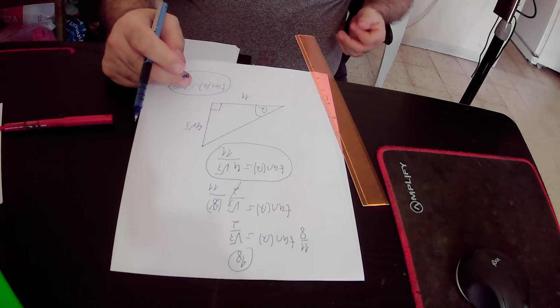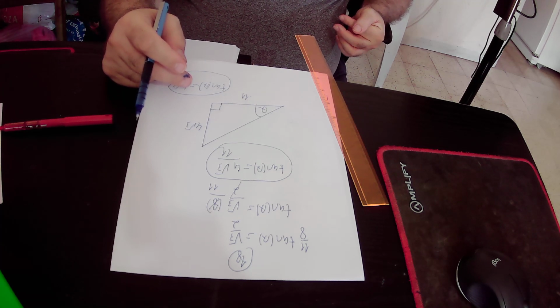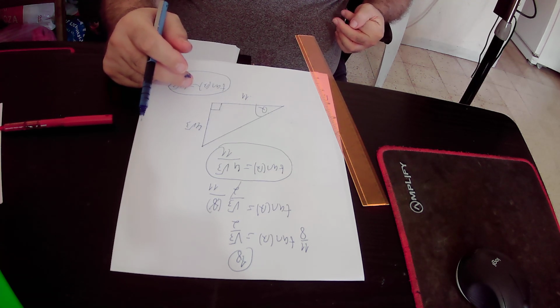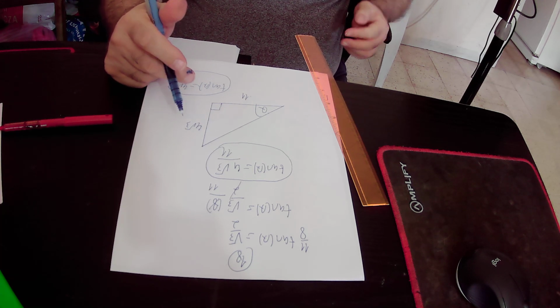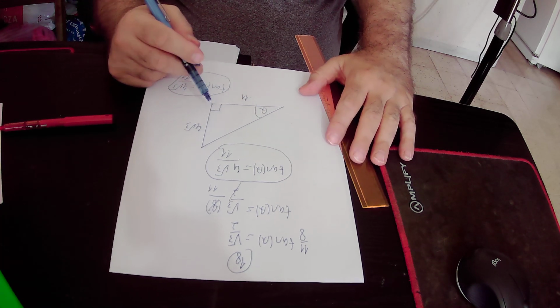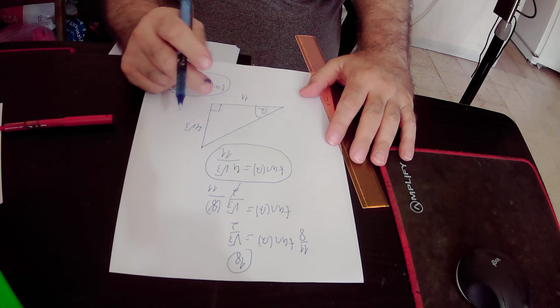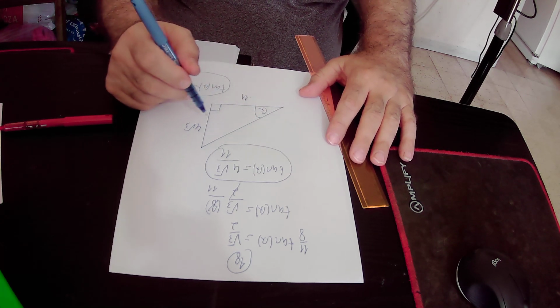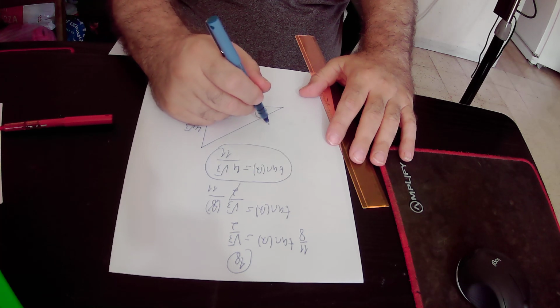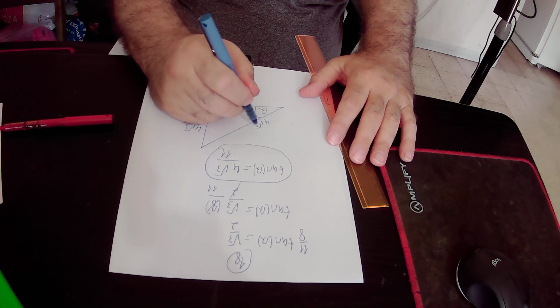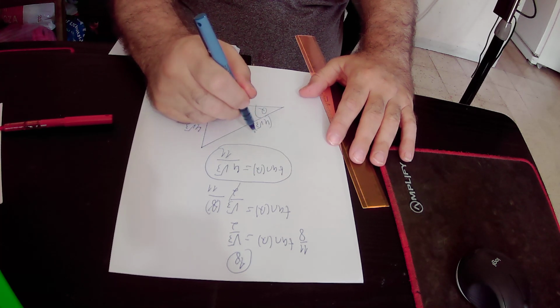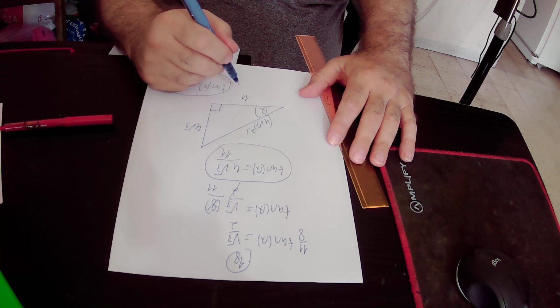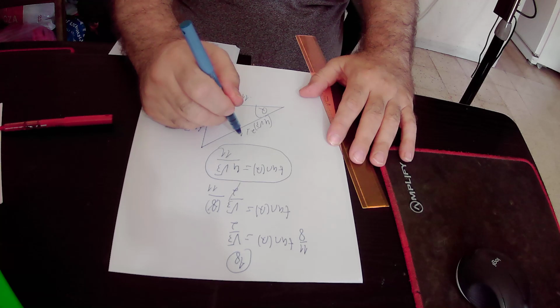According to the Pythagorean theorem, the square of the hypotenuse equals the sum of the squares of the perpendiculars. So the hypotenuse square equals 4 times root 3 square plus 11 square.